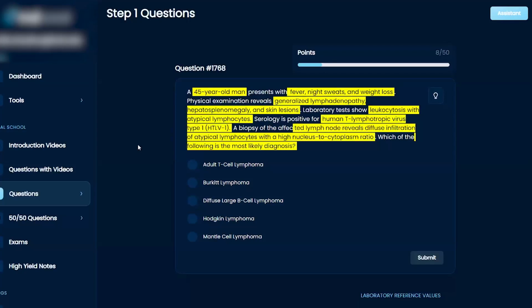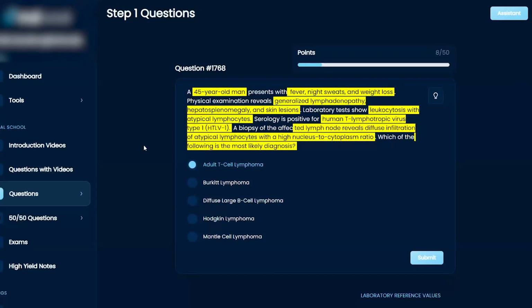Yeah, that makes sense. The thing is with HTLV, I don't know too much about it, but if anything, I would say adult T cell lymphoma. Okay, tell me your reasoning behind that. I like that, but I'm just asking you, what is your reasoning? Because then I can help you with the test taking strategy.